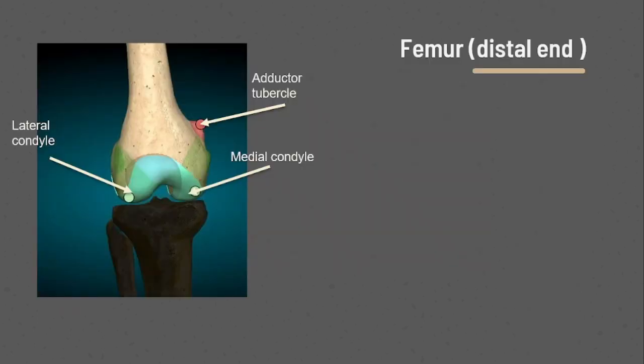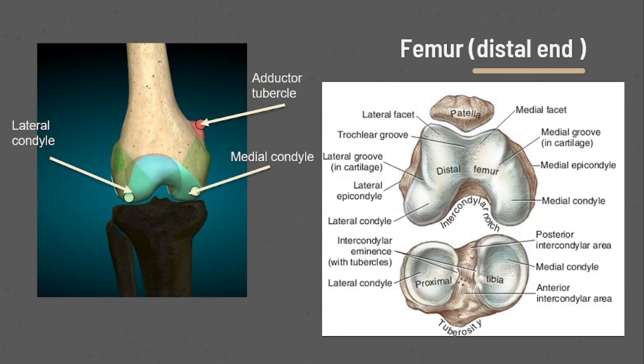Let's take a look at the important landmarks at the distal end of the femur. The important landmarks are the lateral and the medial condyle of the femur, which fit in the menisci which lay on the tibia.